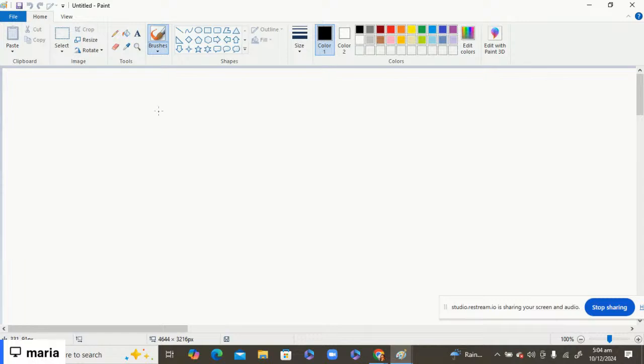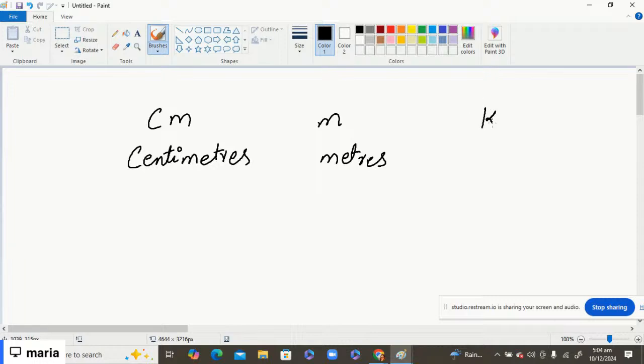The unit of length is centimeter, which is represented as cm. Then meters, which is represented as m. Then kilometers, which is represented as km.